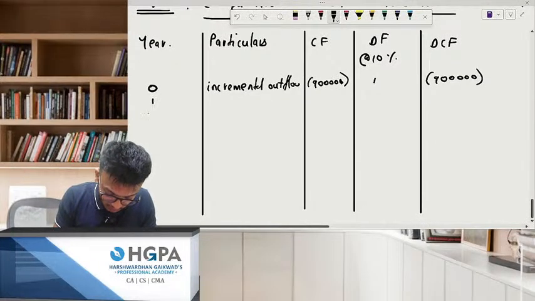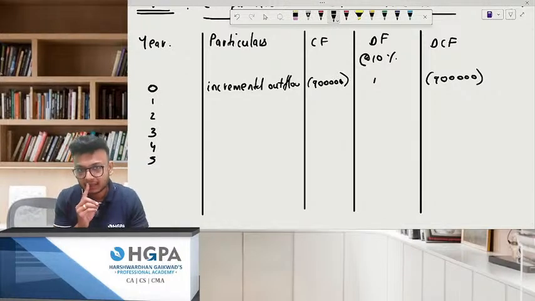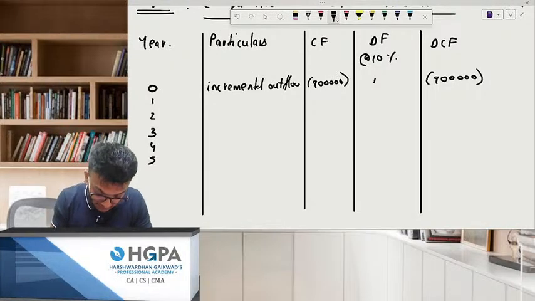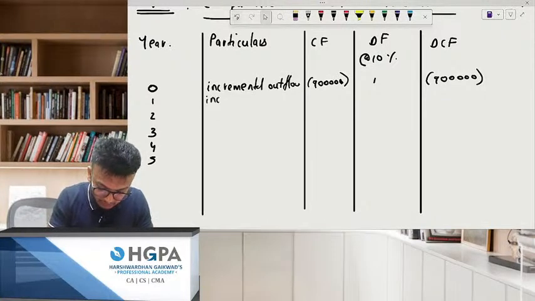Next, 1, 2, 3, 4, 5. We have 5 years, right? The point is, first write this, then I'll tell you. This is your CFAT. Incremental CFAT.